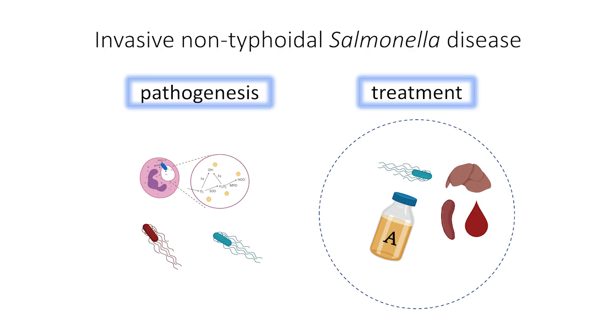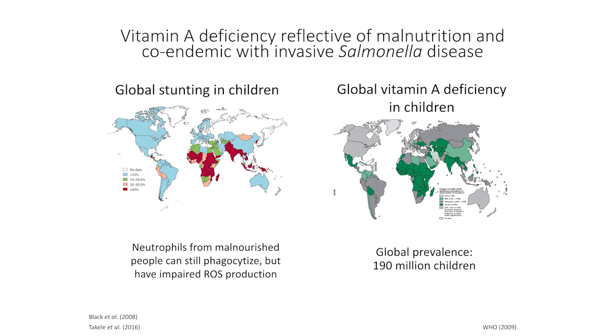Next, the question is, how do we find better treatments for emerging multi-drug resistant strains? I look at vitamin A deficiency, which is related to malnutrition and co-endemic with invasive non-typhoidal salmonella disease.